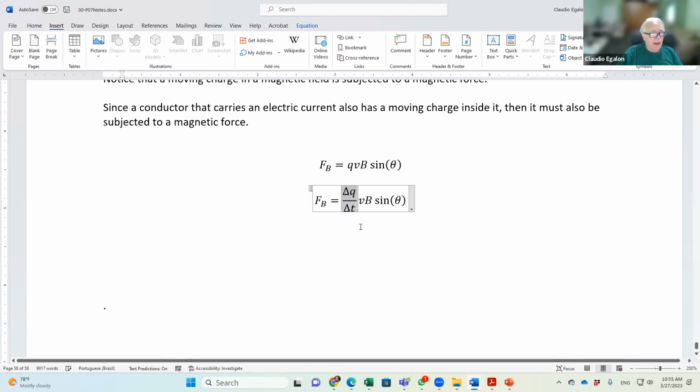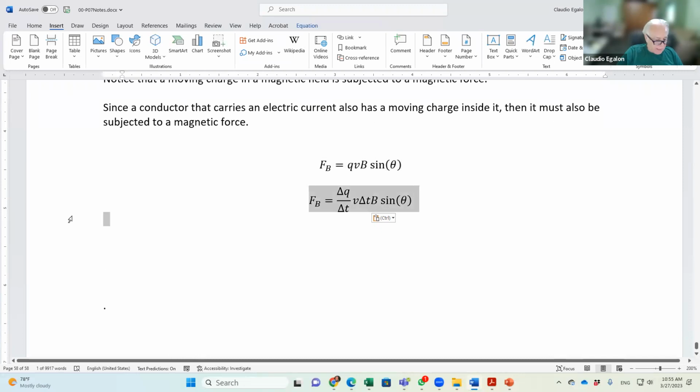I am dividing it by delta T. I didn't eliminate my charge, I just changed the notation. And then to make this equation equal to the other one, what do we have to do? We have to multiply by delta T as well, right? This equation is exactly the same as the other one, just in a different format.